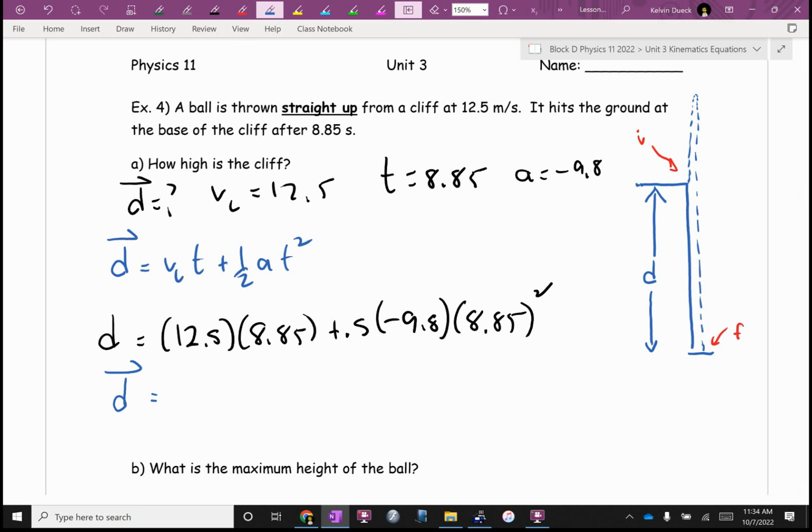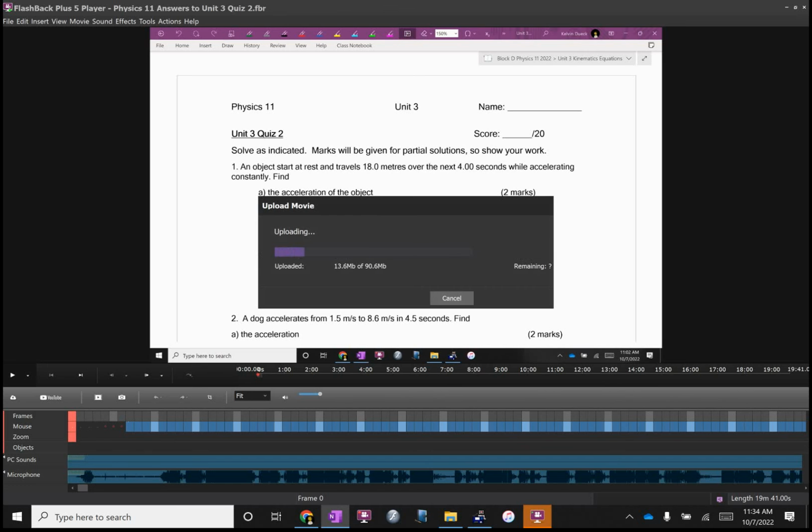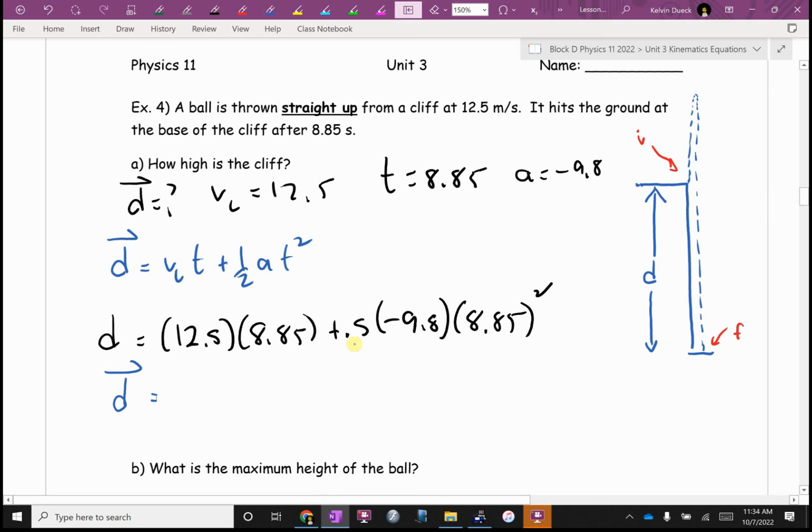I don't think so. So pause, look up. Did you put a squared on the 8.85? That's common mistake number 1. Did you? Got to be impressed that I narrowed it down not only to, but exactly what the mistake was. What'd you get, Aaron? Negative 237.2?